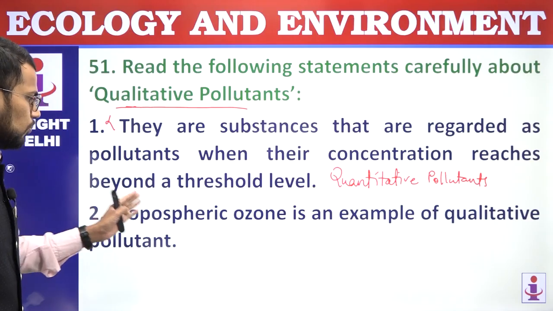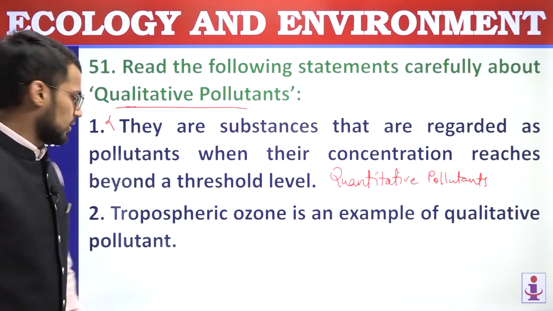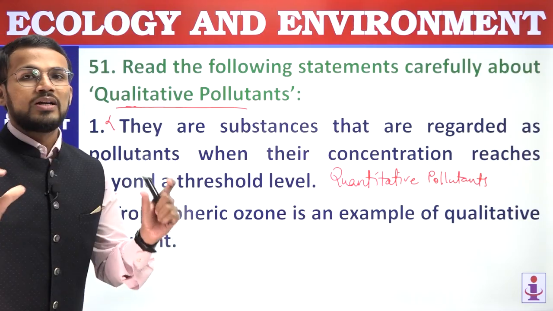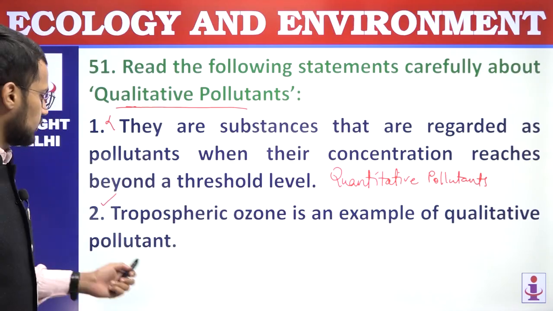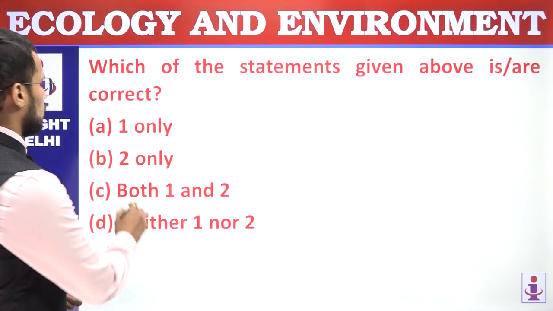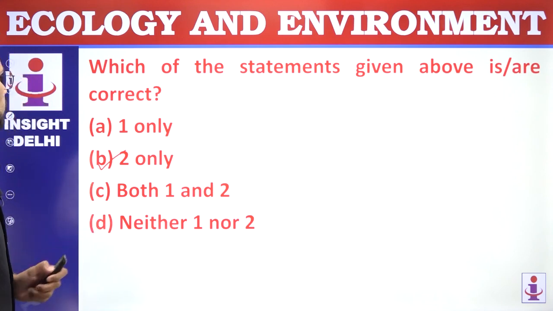Second, tropospheric ozone is an example of a qualitative pollutant. Correct statement. Irrespective of its quantity, it is a pollutant, and that's why it is qualitative. Answer is 2 only. Question number 51, answer is 2 only, that means B.